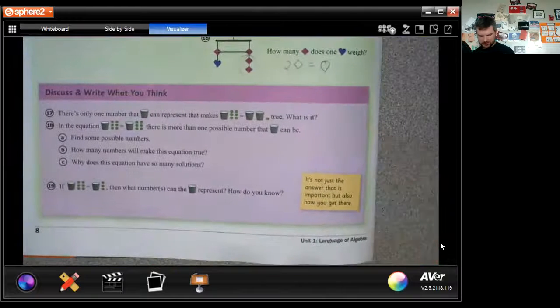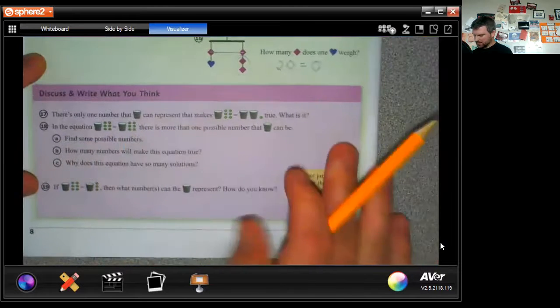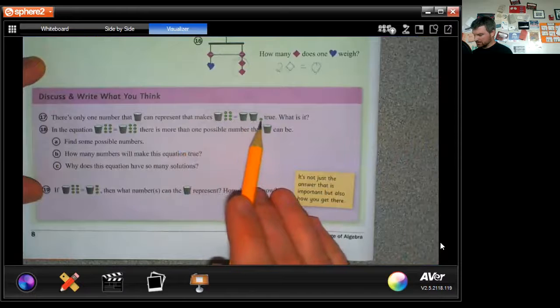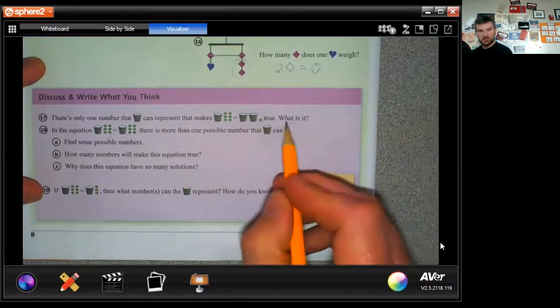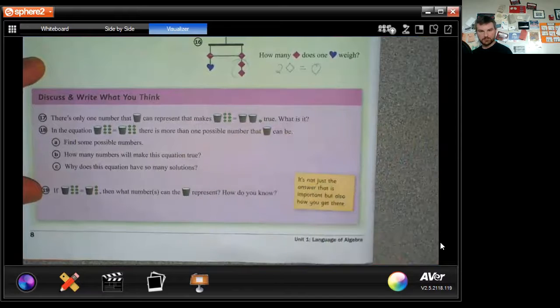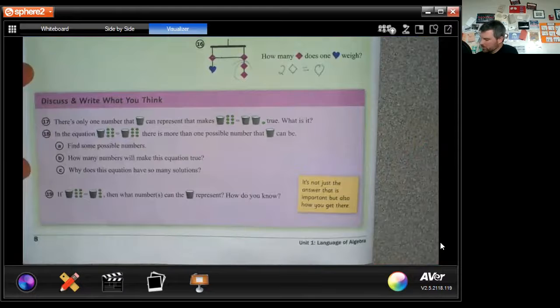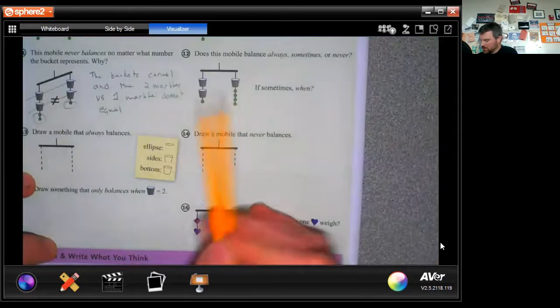So write and discuss what you think. There's only one number that a bucket can represent that makes this equal 2 buckets and a dot. That makes this true. What is that number? Well, we can think of it as a mobile, and we could draw this.